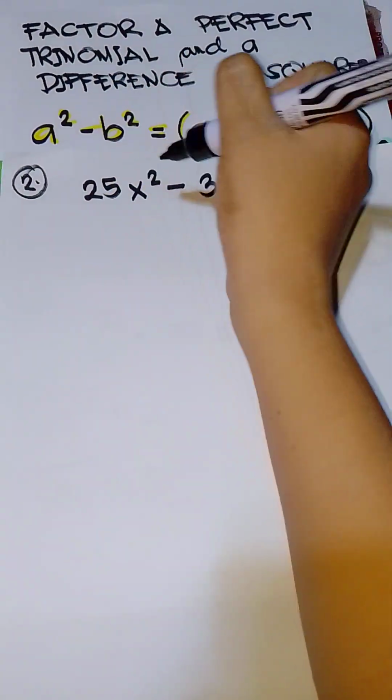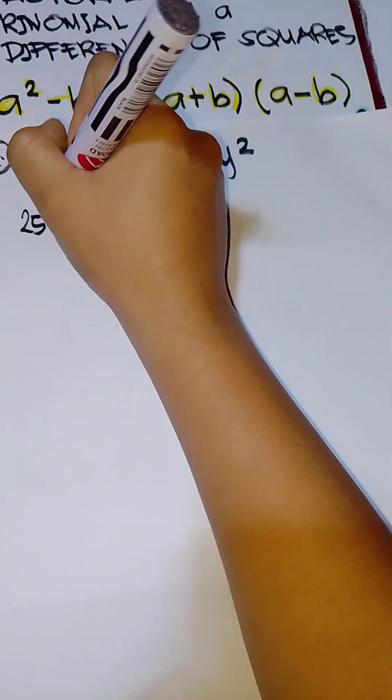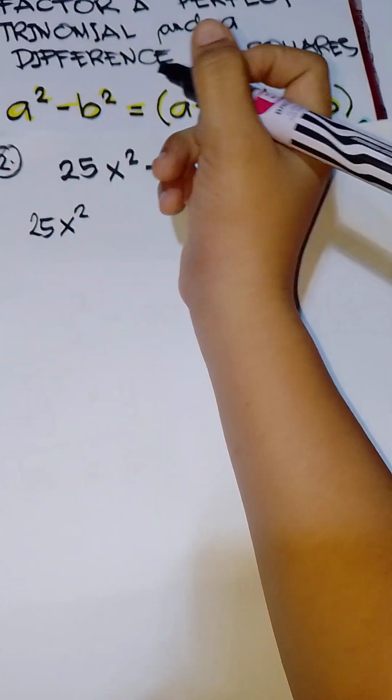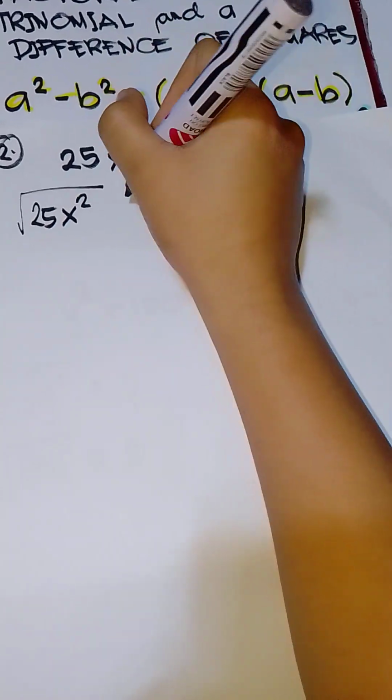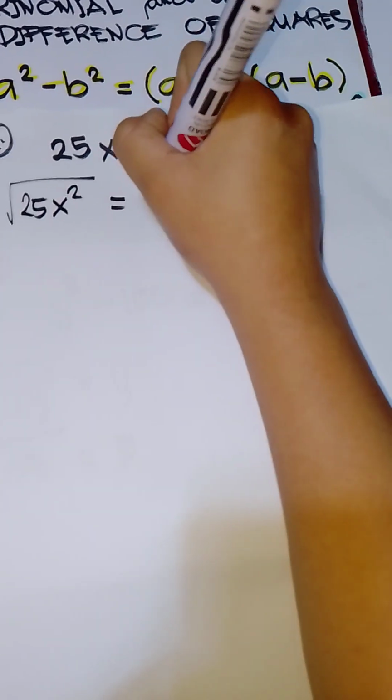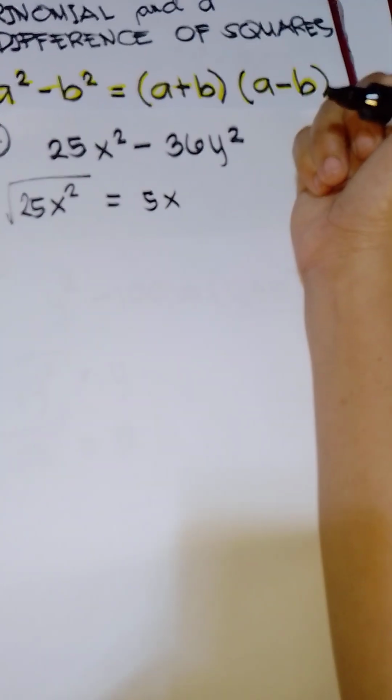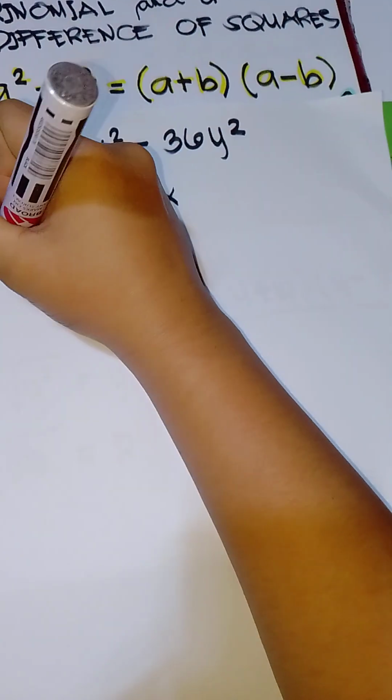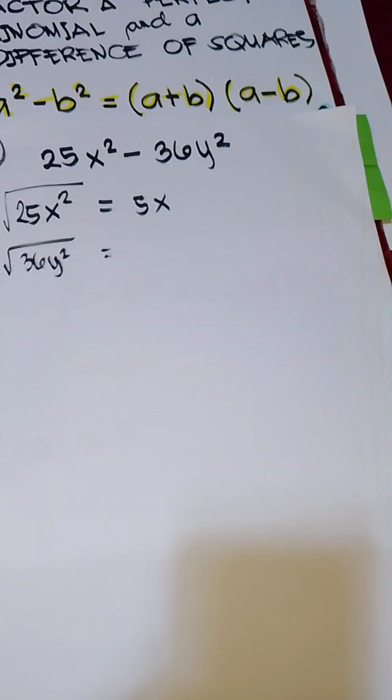Now, let's get the square root of 25x squared. If we get the square root of that, the result is 5x. And if we get the square root of 36y squared, the result is 6y.